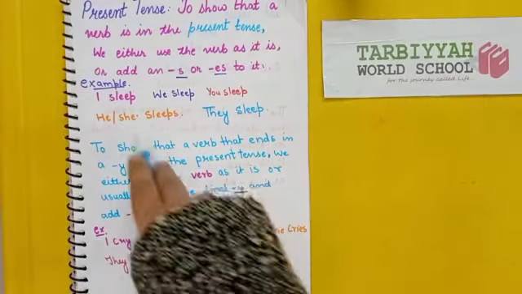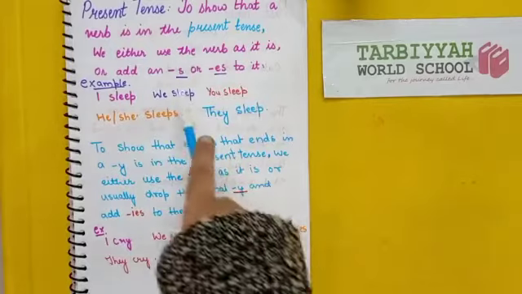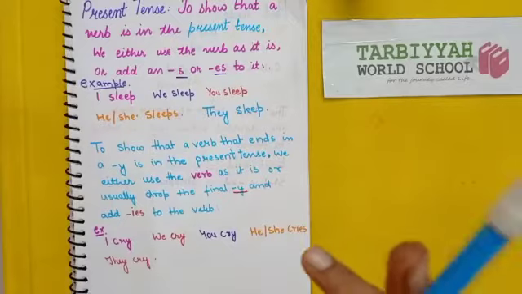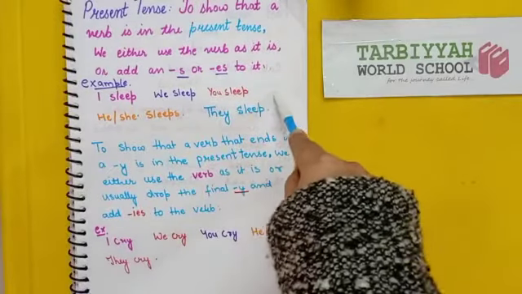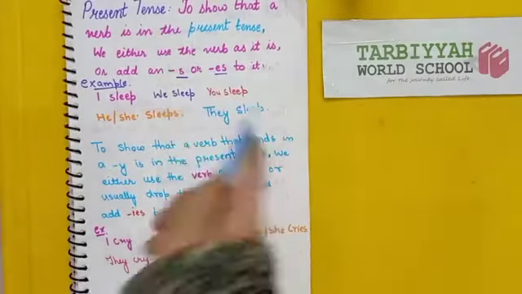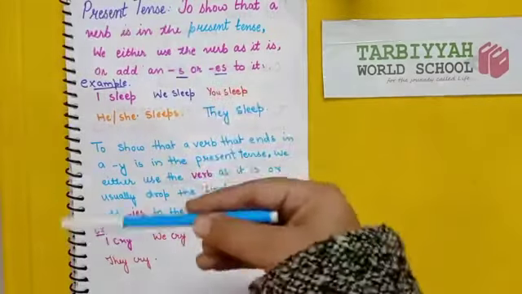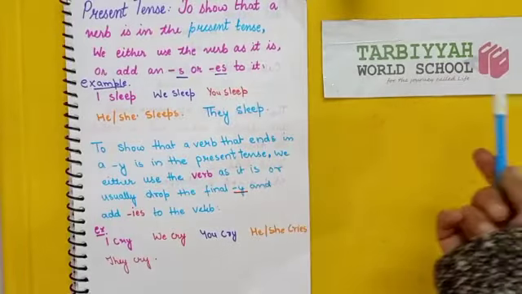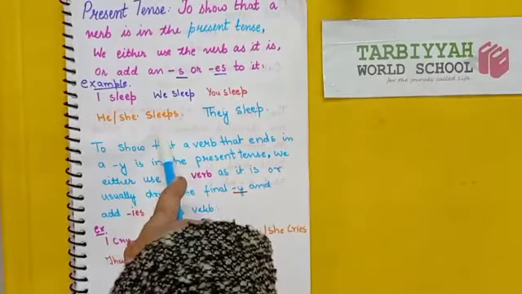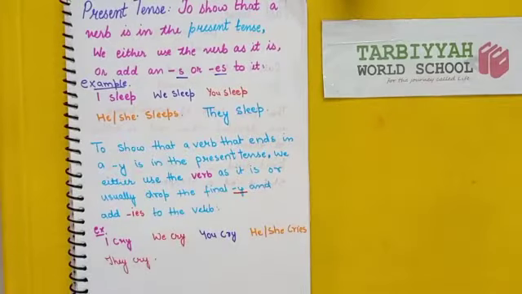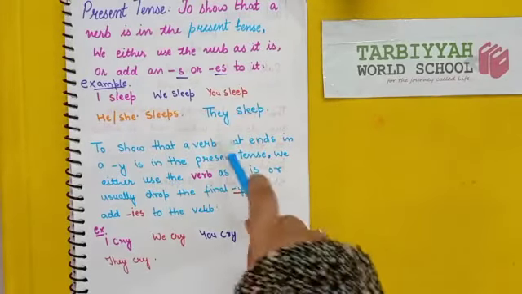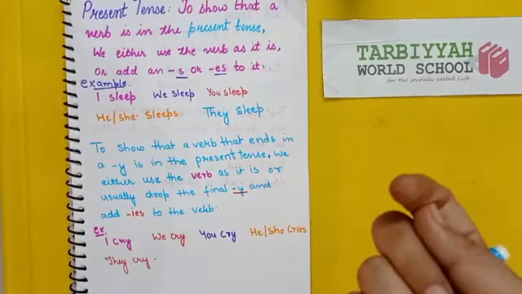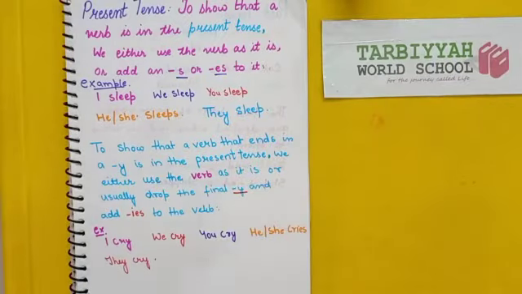I sleep, single, and we sleep, referring to more than one. In we sleep, we are referring to others, including us. You sleep means we are referring to another person. He or she sleeps. In this, we are referring to male and female gender. They sleep. We are referring to more than one person, means 2 or 3 persons.